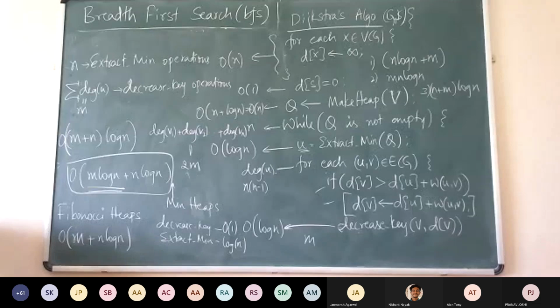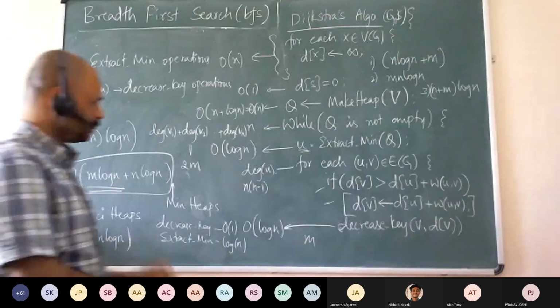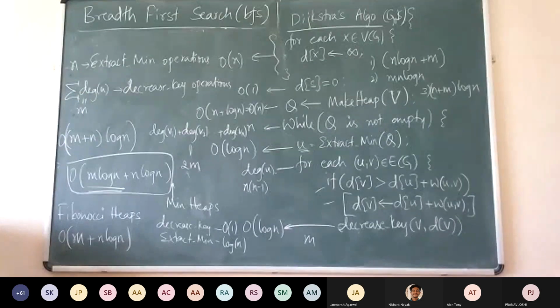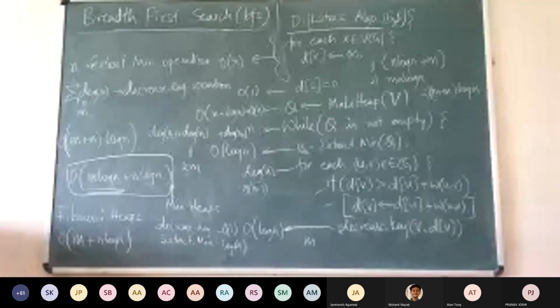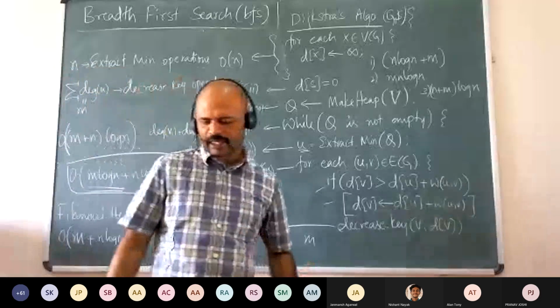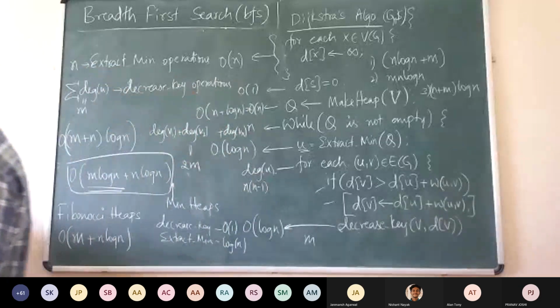In tomorrow's class, I think we need to shift to the next gear. Till we finish greedy algorithms, of which this is one, we will try to do other greedy algorithms also.